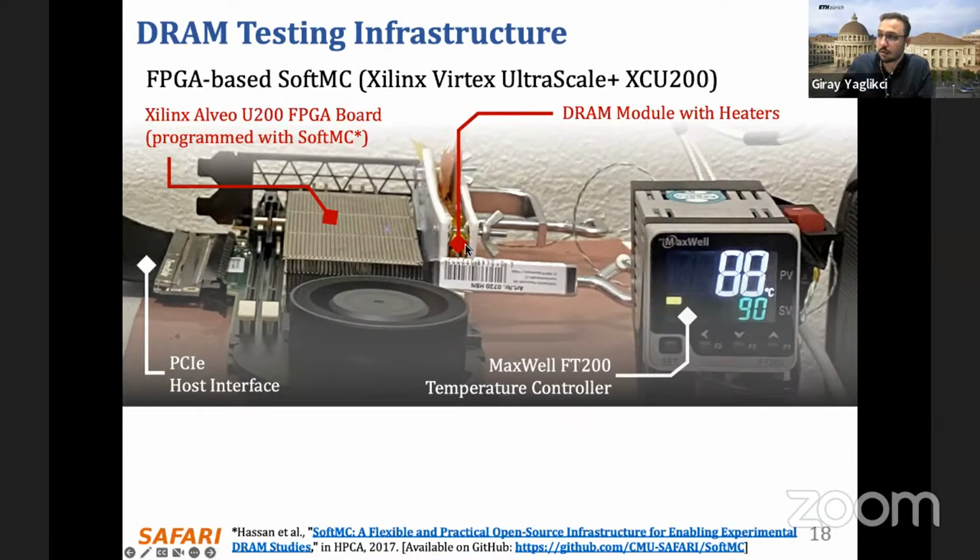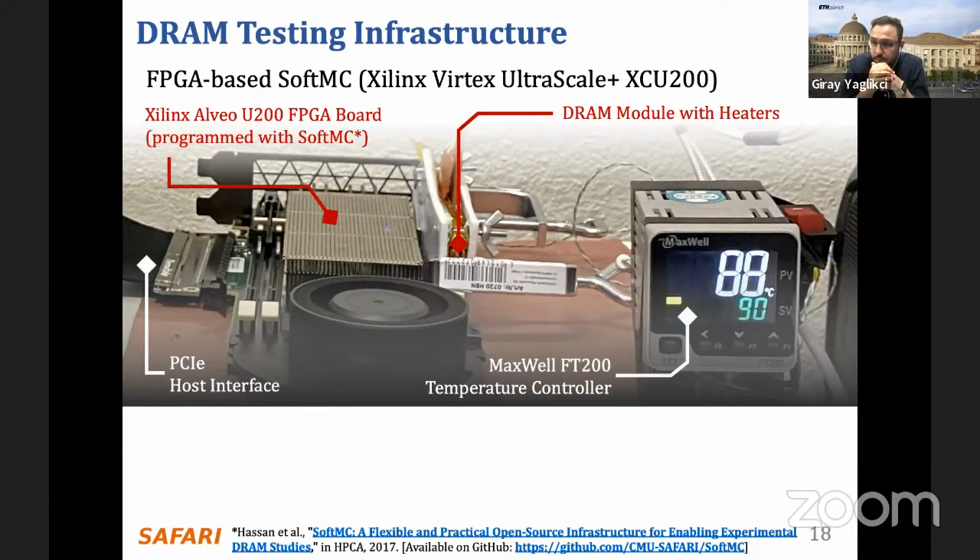We connect our DRAM module and control its temperature by placing two heaters on both sides. We also have a temperature controller that provides fine-grained control over the chip temperature. And we have a host machine that creates the test command sequence and sends it to the FPGA.